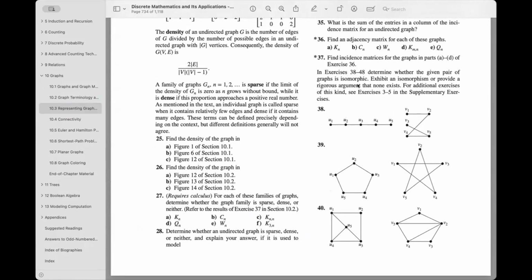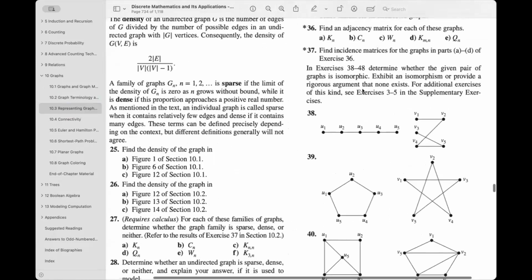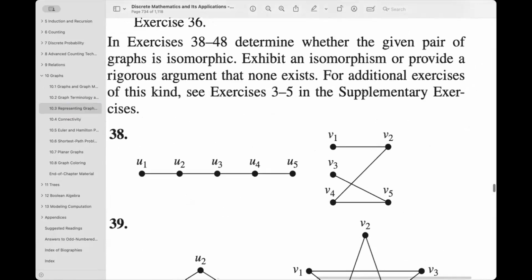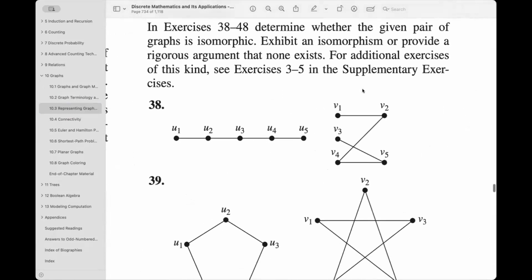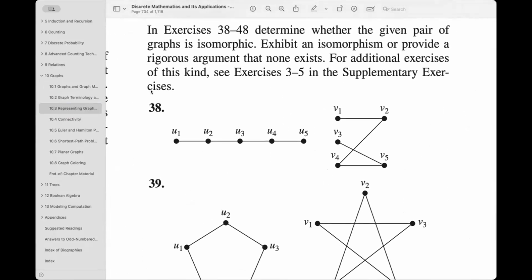So if I look at this particular example, 38, if I can write a function that takes in any of the vertices in the first graph and can output a unique vertex in the second graph that preserves its graph invariance, then I can prove that it has an isomorphism.